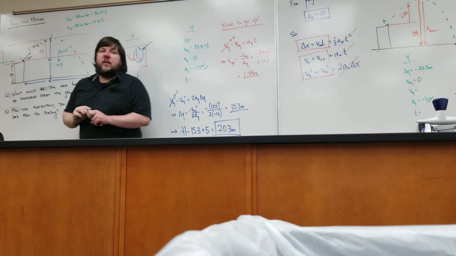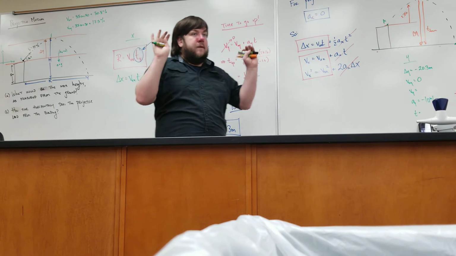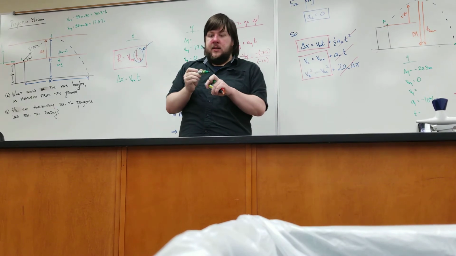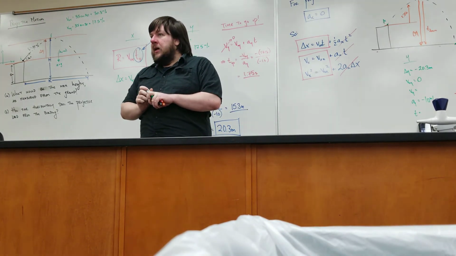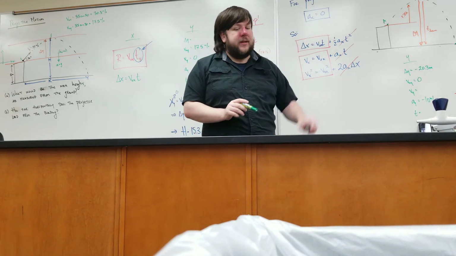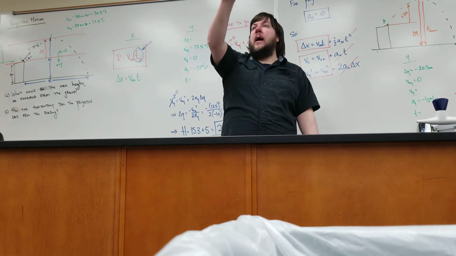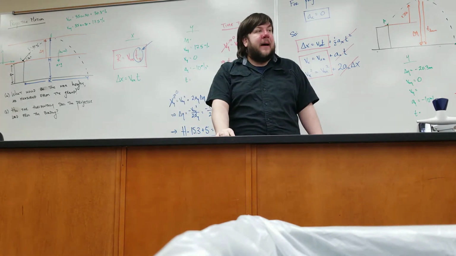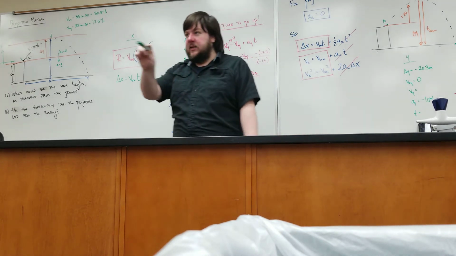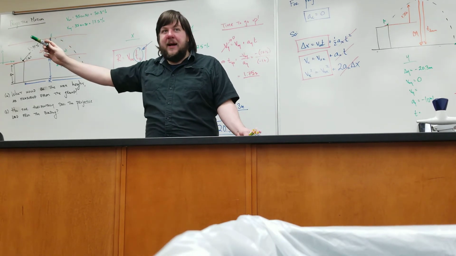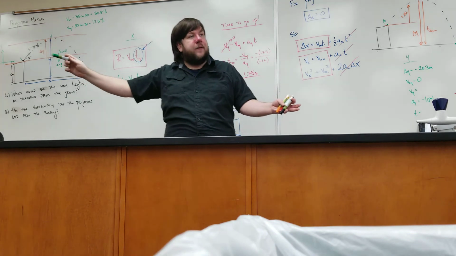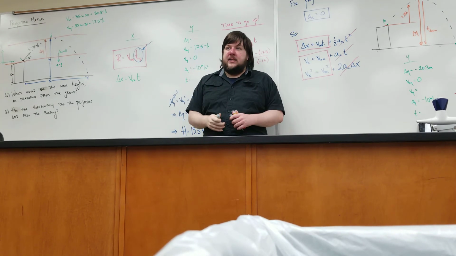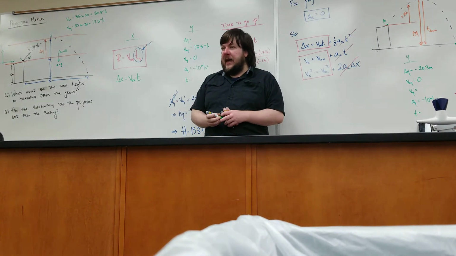Okay? But remember, time is the same for both directions. If the object has 3.76 seconds to go up and come back down, how much time does it have to move horizontally? Same amount of time. Okay, time is not different in the two axes. Time is the same across both axes.